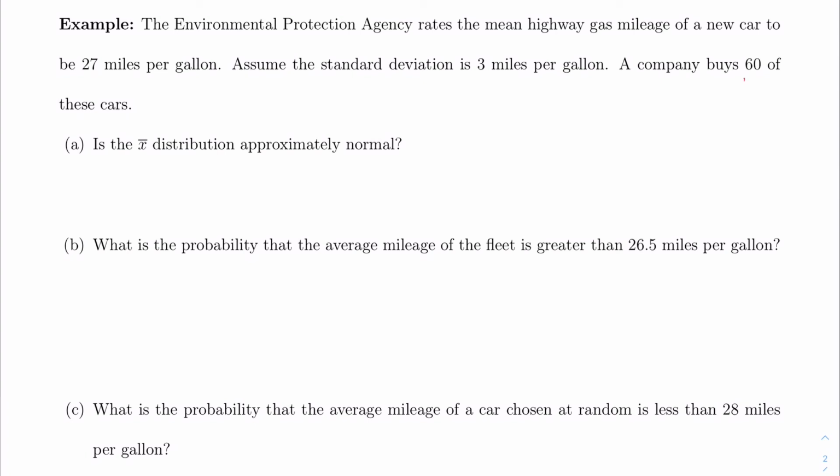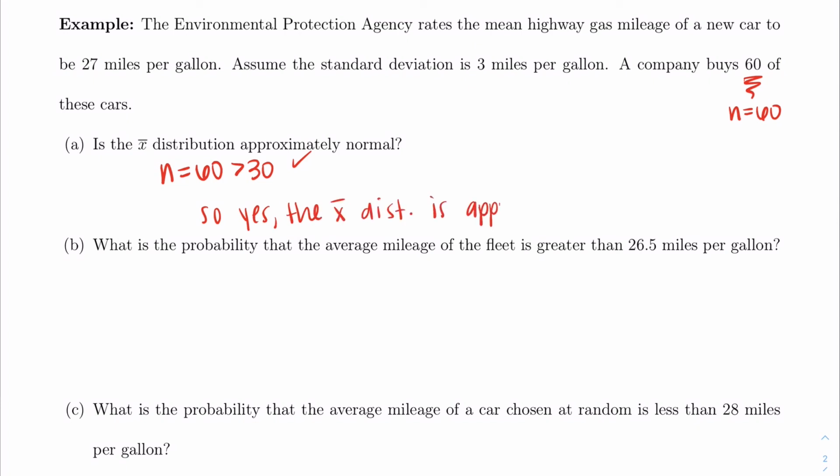A company is buying 60 of these cars, so since they're buying 60, this is the sample size. So n is equal to 60, which is greater than 30. So yes, the X-bar distribution is approximately normal.